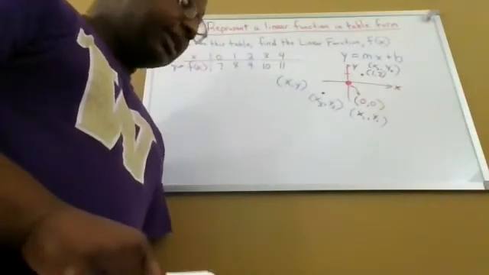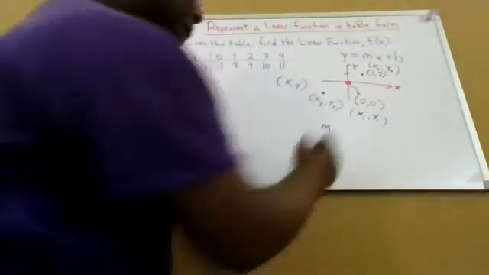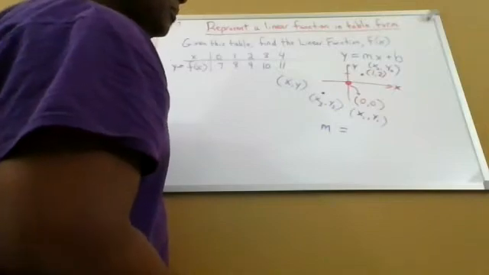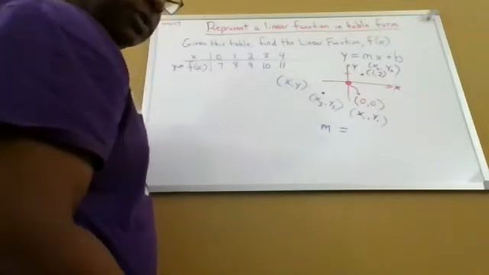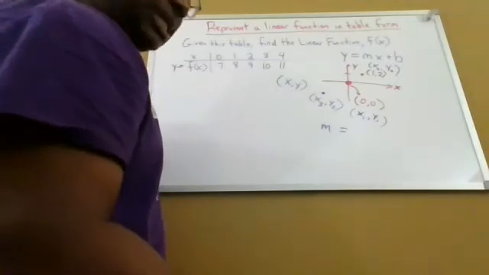Another definition is the slope, which is m, is equal to what they call the change in y over change in x.